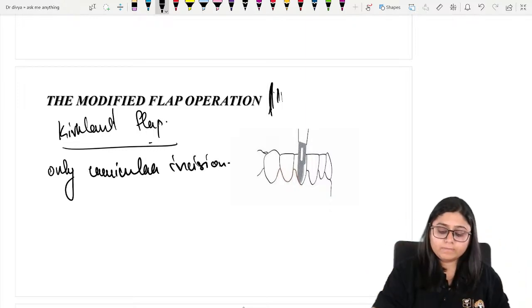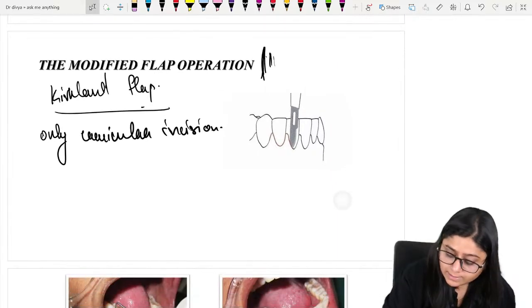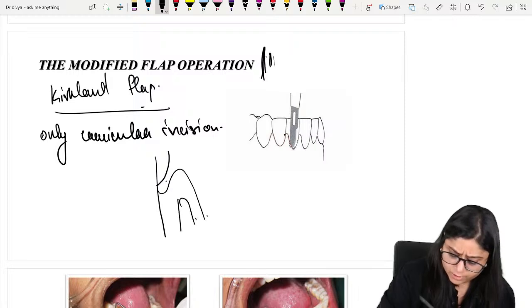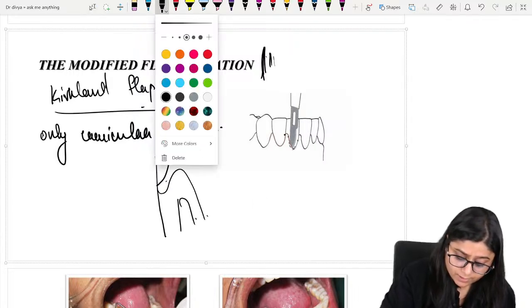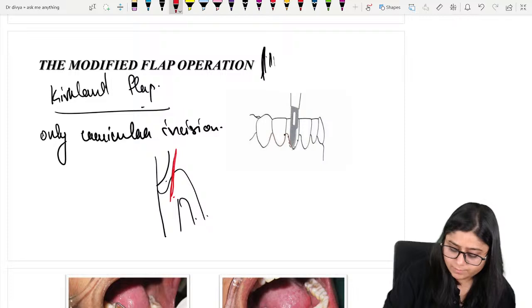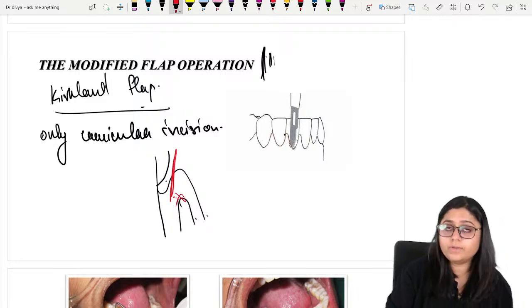By giving the crevicular incision, here you can see that the blade is inside the sulcus. So if this is the tooth, the incision was given here only. Internal bevel incision was not given. Interdental incision was not given.